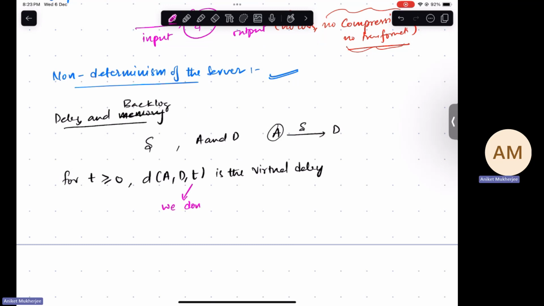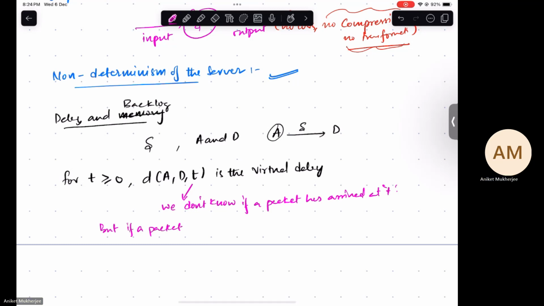We don't know if a packet has arrived at t, but if a packet would arrive at t, we want to know the delay.